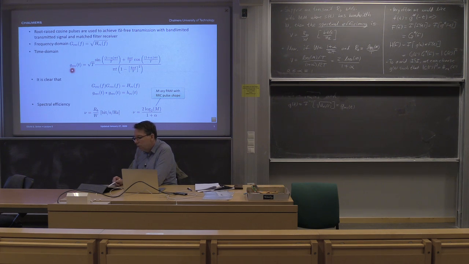So this is the root raised cosine pulse in time, and this is the root raised cosine pulse in frequency. And the root here just comes because it's the square root of a raised cosine pulse in frequency. Any questions so far?